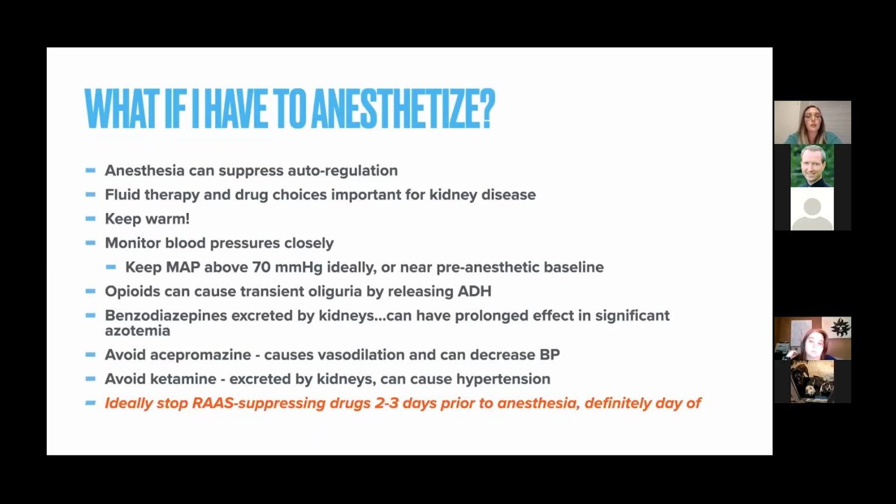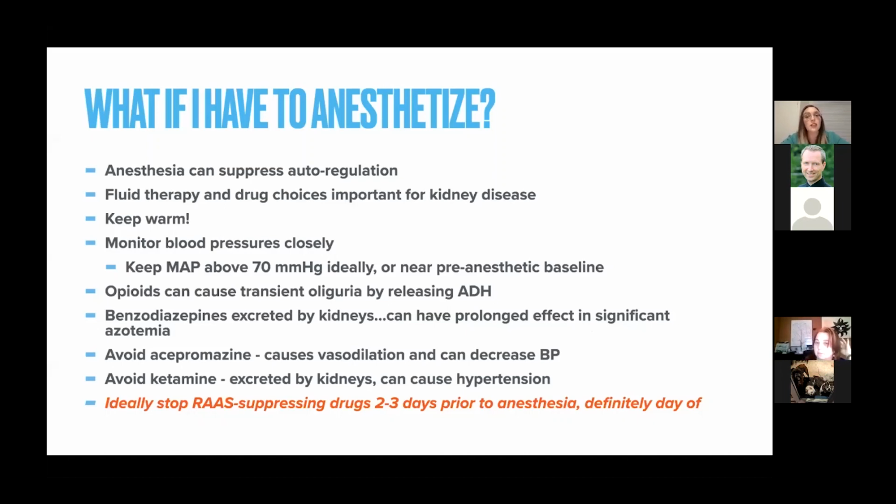Another helpful tip is to try to get a pre-anesthetic baseline of their blood pressure. If you have a pet who's chronically hypertensive, their kidneys are used to a new normal. So say their normal mean arterial pressure is maybe 90, right? And then we put them under anesthesia, and if their mean is 70, that's normal for us, right?